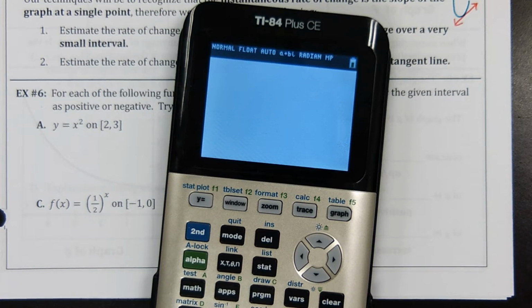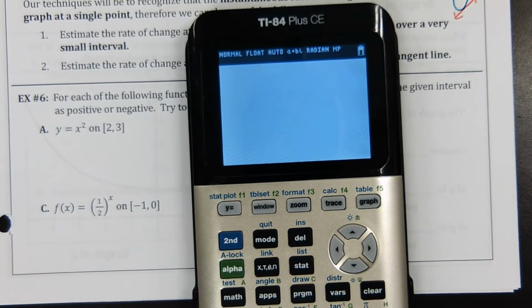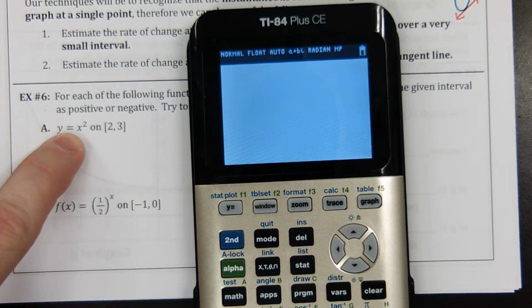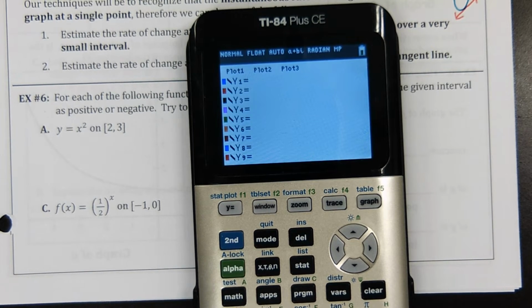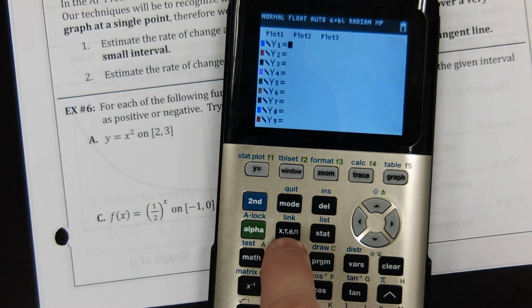Turn it on, clear my screen. Hopefully everybody in the room knows what x squared looks like. But right here at the top, you have a y equals button. That takes you to a list of 10 functions that you could type in. We're going to type in x squared. This is the button that you're going to use for variables. Depending on the mode of the calculator, it will use a different letter. Right now we are in function mode, so it's going to use x.